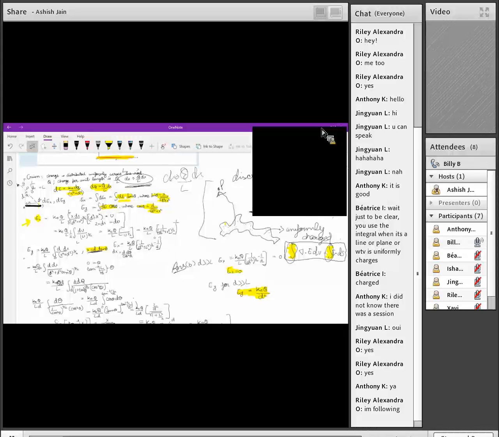So after this point, I substituted for sin theta here and I substituted for dE from here, right? dE is just Coulomb's law, and sin theta I did put it here.